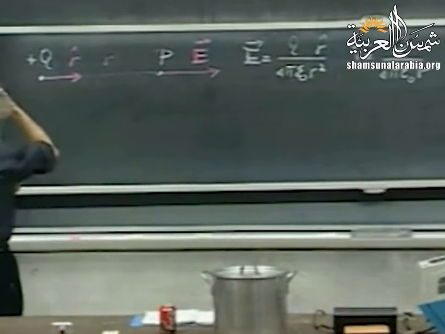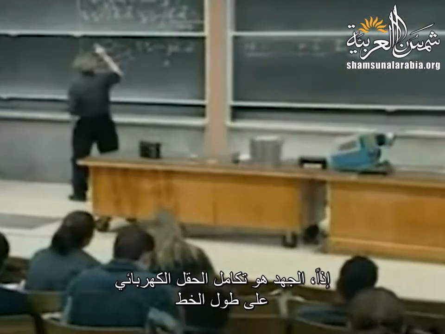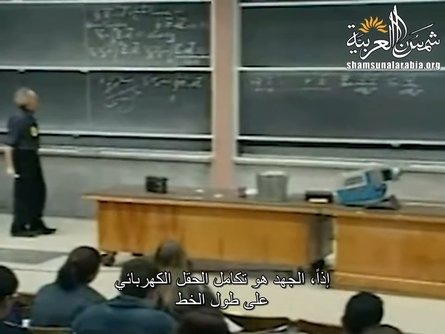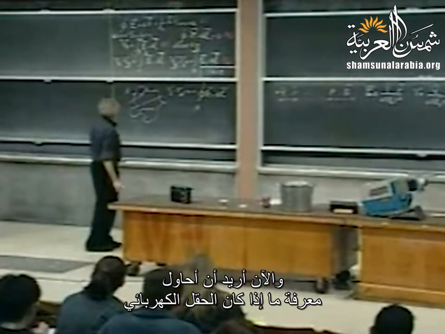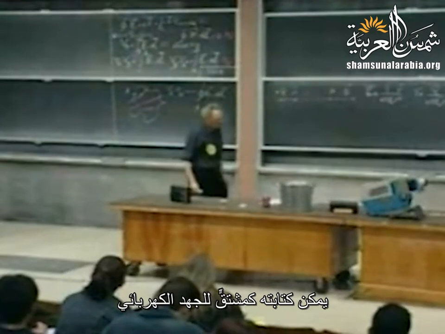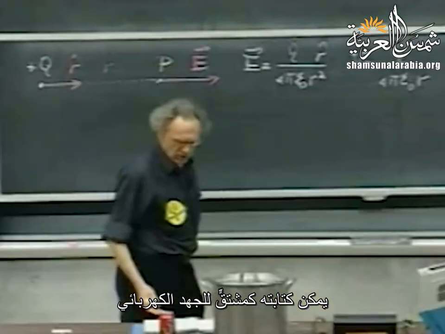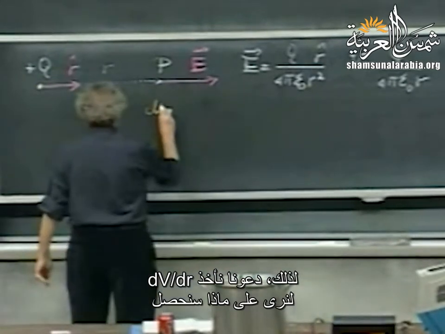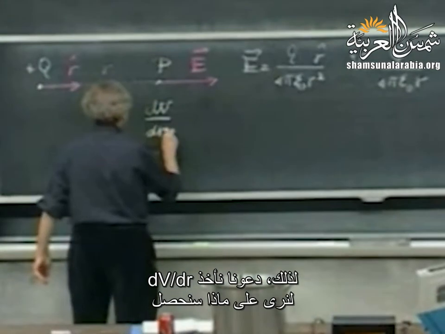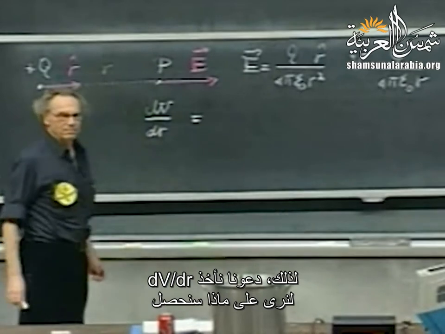So, the potential is the integral of the electric field along a line, and now I want to try whether the electric field can be written as the derivative of the potential. So let us take the dV/dr, and let's see what we get.